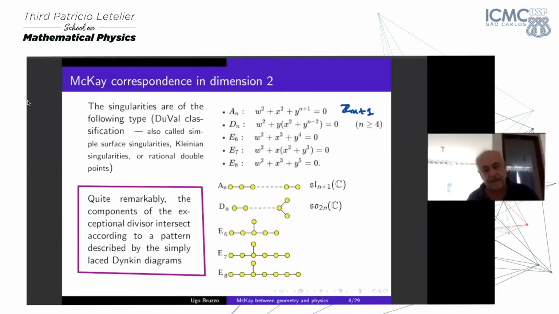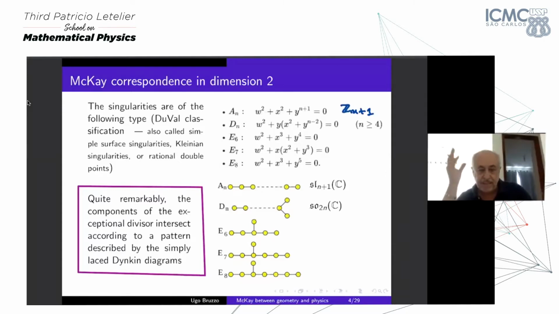And in this case, the exceptional locus is a subvariety of codimension 1, so a line, a curve, sorry, which in general is reducible. It has several components.